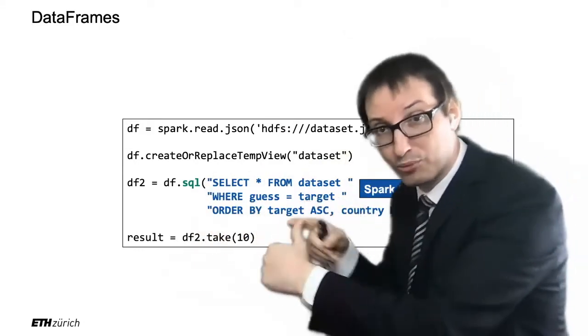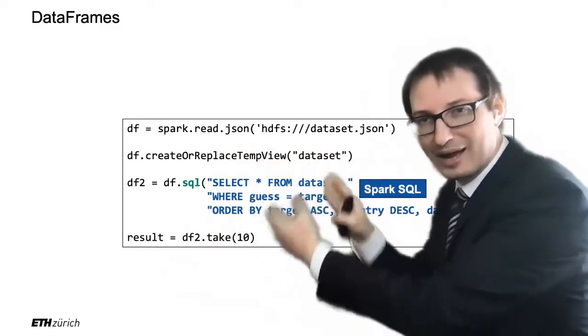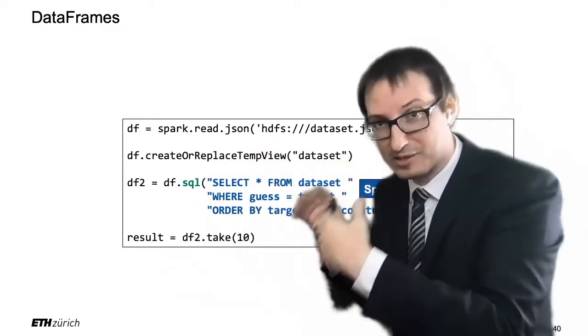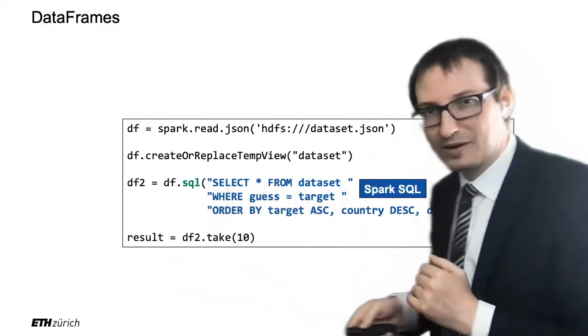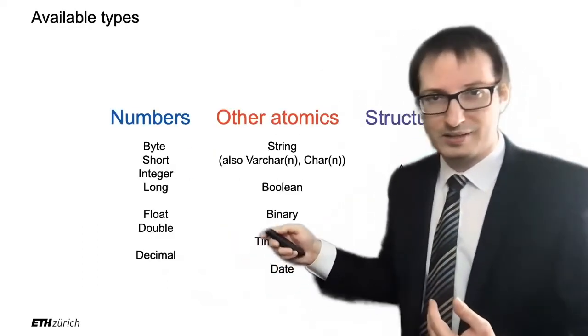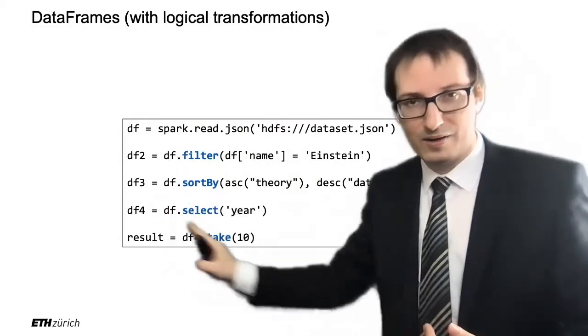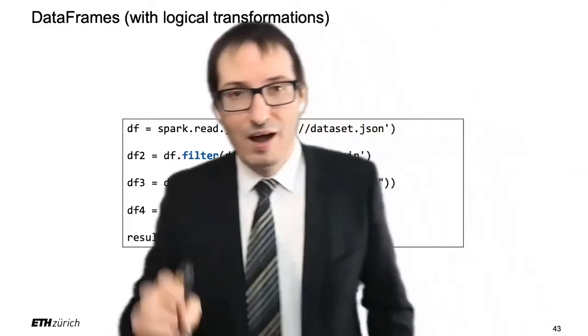You're more productive, it's more compact, it's a high-level language, and so on. So there's 50 years of experience that show that using SQL is better. However, there is also this API that is another way of doing that.